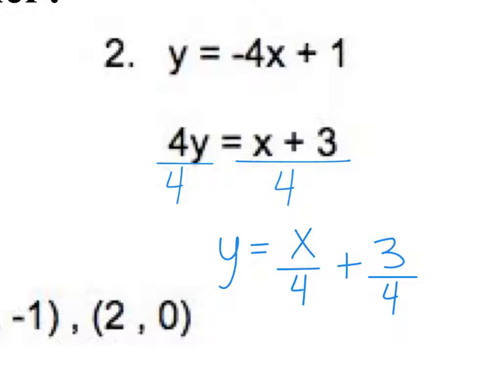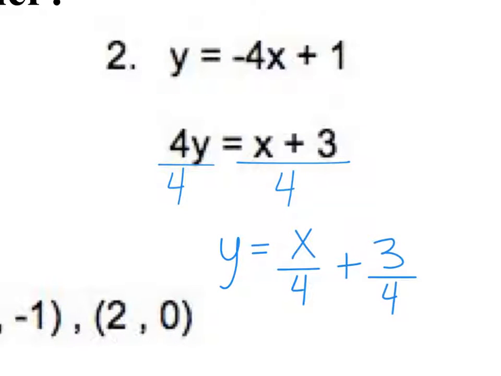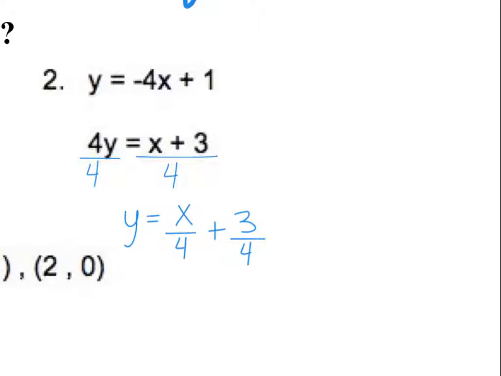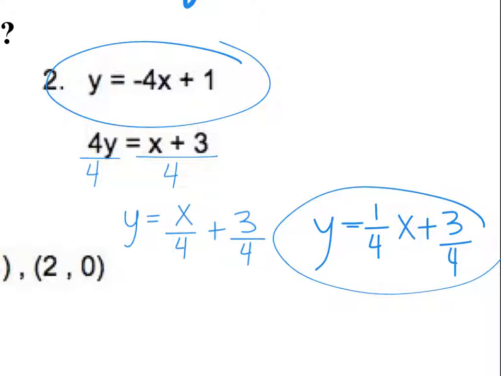X divided by 4 is the same thing as 1/4 x. And so we can write this as y equals 1/4 x plus 3/4. So here are your two equations. If it's in something like this where it's not y equals, you need to get it in y equals first.